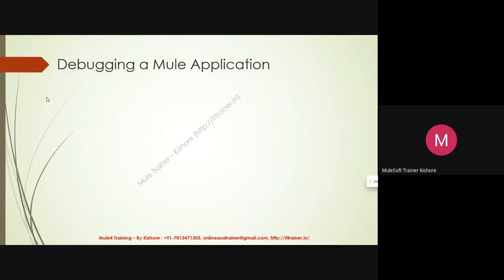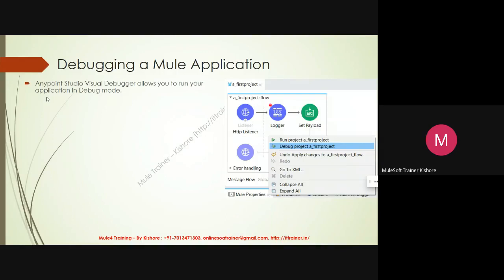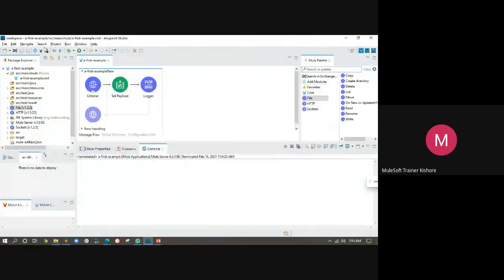Anypoint Studio Visual Debugger allows you to run an application in debug mode. To debug your application, you should select the second option when you right-click: debug your project and the project name. When an application is running in debugger mode, we can pause the application execution and see what the values are at a particular point in time, what happened before executing this and after executing this.